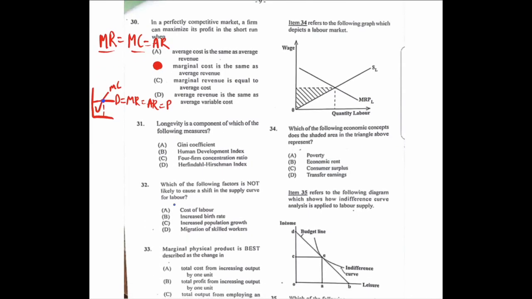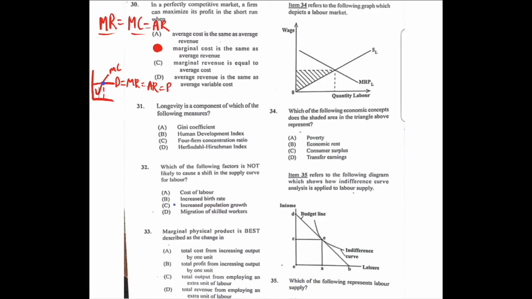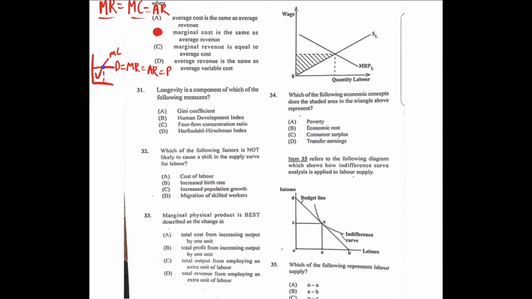31 says longevity is a component of which of the following measures, and that is B, the HDI. Remember, the HDI tests for 3 things: longevity, which means life expectancy; knowledge, which refers to literacy rate; and real GDP, or the overall income levels within the economy of that nation. 32 says which of the following factors is not likely to cause a shift in the supply curve for labor, and that is A. All the other ones will cause a shift.